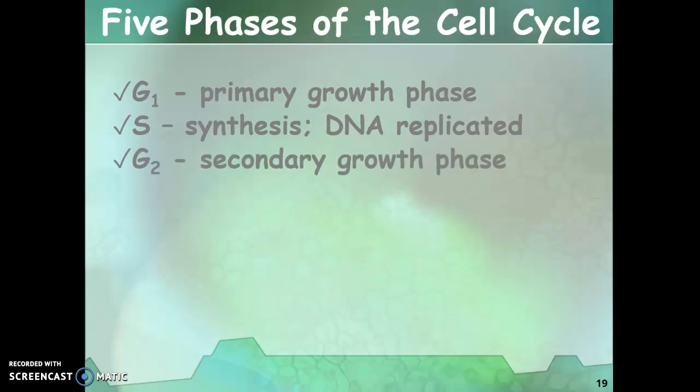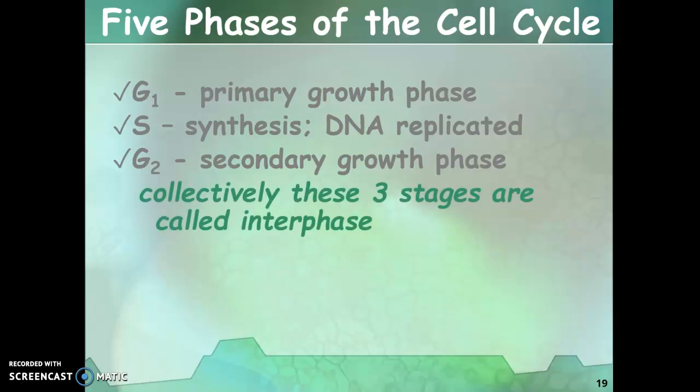Then it goes through a second growth phase, and these 3 stages together are called interphase. Inter is Latin and means between, so interphase is the phase between divisions. And then it is followed by mitosis and cytokinesis.